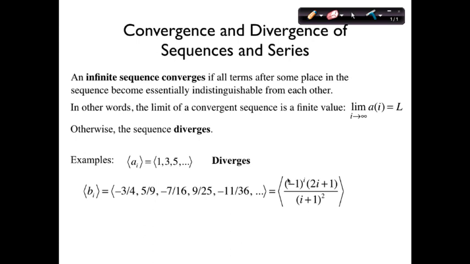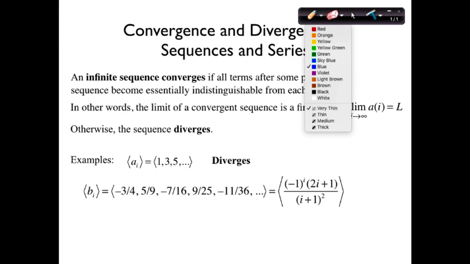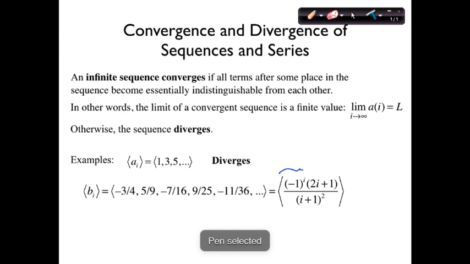In Calc 1 you did limits, and in pre-calculus you looked at rational functions, right? So in rational functions you looked at what was called end behavior. Like, does it have a horizontal asymptote?